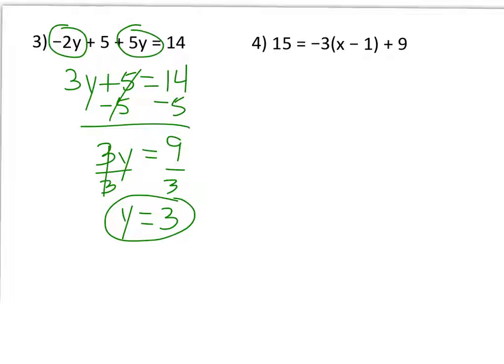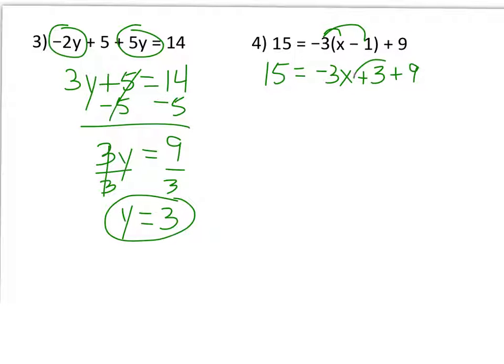In 4, no fractions or decimals, but we do have parentheses. And the order of operations tells us to clear parentheses first. So we'll bring down our 15 and equal sign. I'm going to distribute negative 3 times x, negative 3x, negative 3 times negative 1, positive 3, and bring down our positive 9.